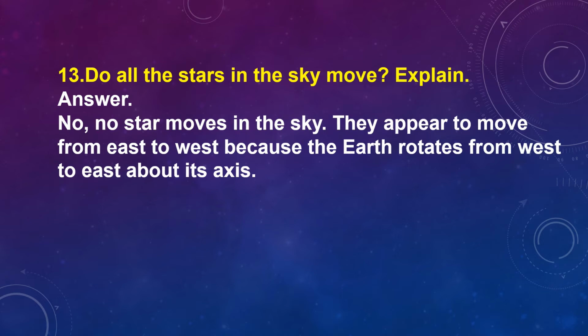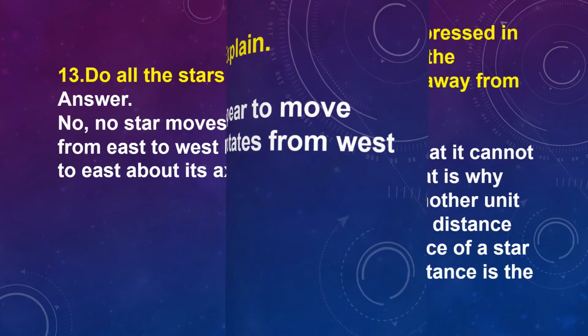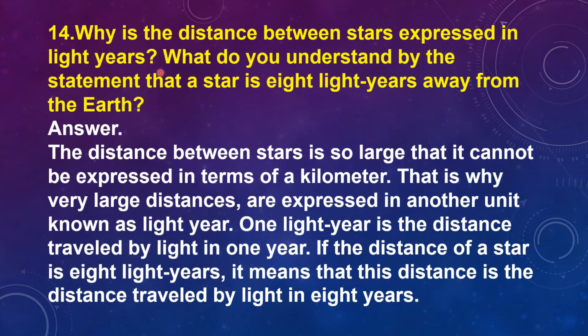Next, why is the distance between stars expressed in light years? What do you understand by the statement that a star is 8 light years away from the earth? A light year is the distance travelled by light in 1 year.